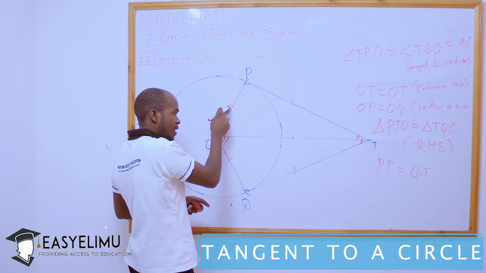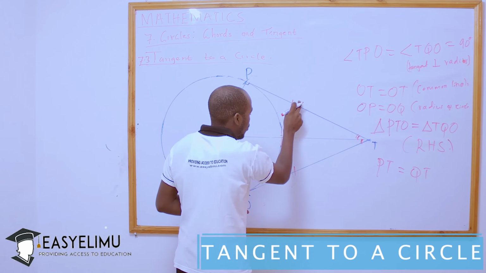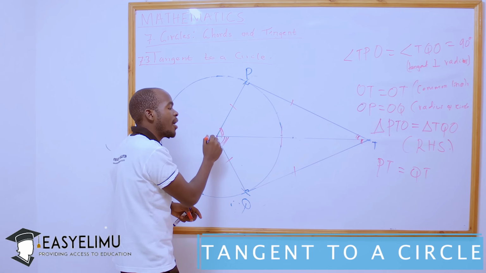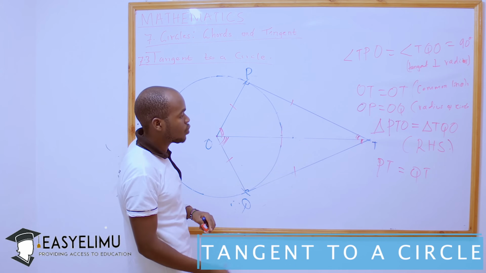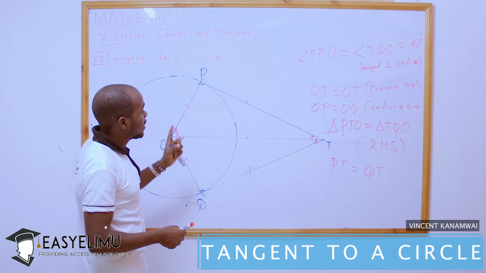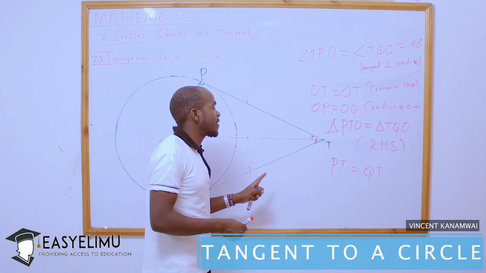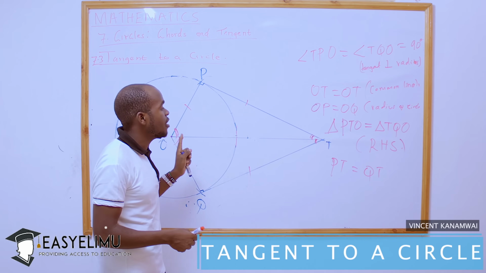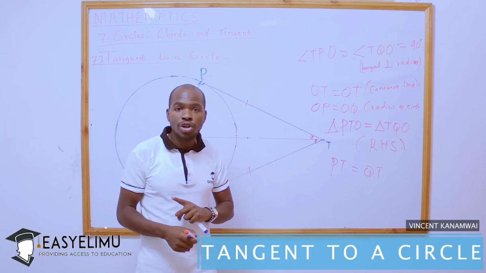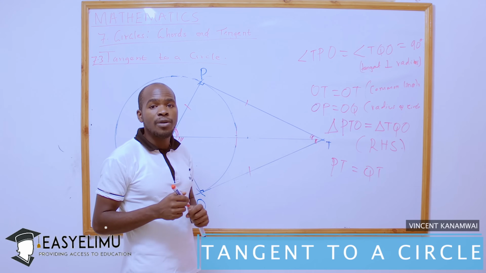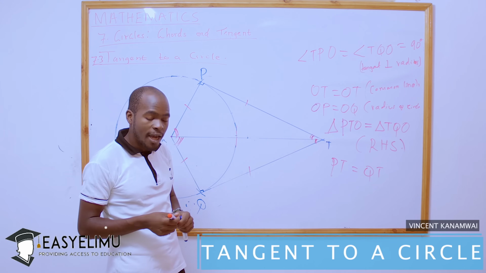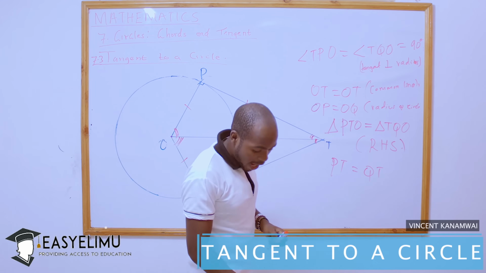So if these are equal, then the angle here will be equal because it has been bisected into two equal parts. That is the relationship for finding sides or any given condition using tangents from an external point. We shall see an example and see how it applies.